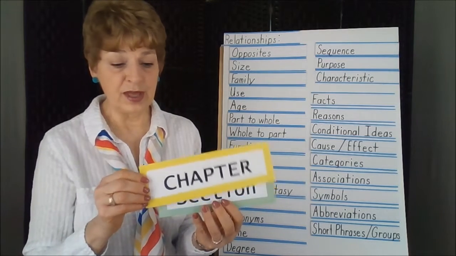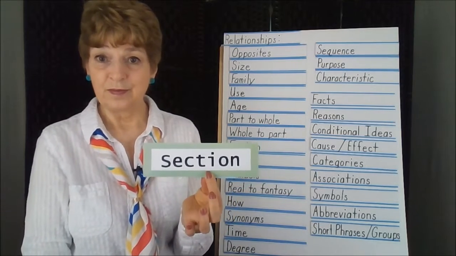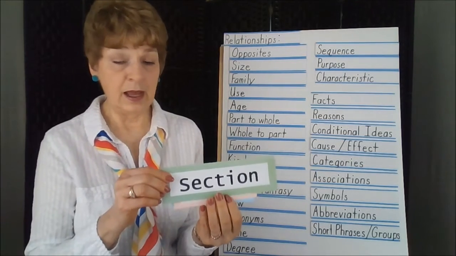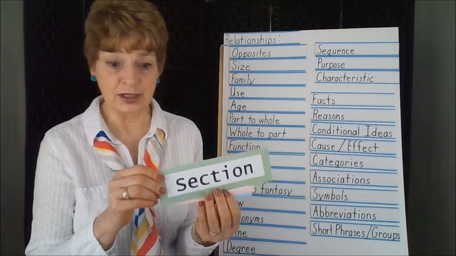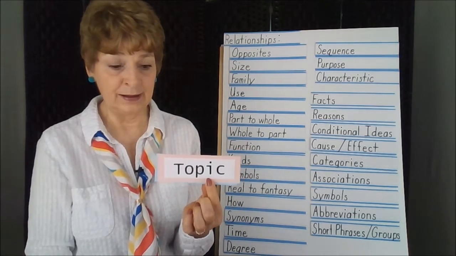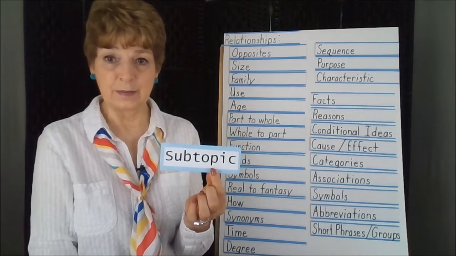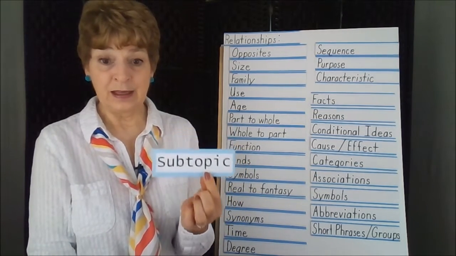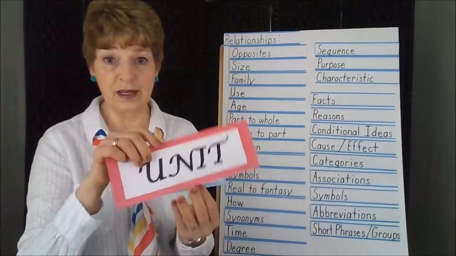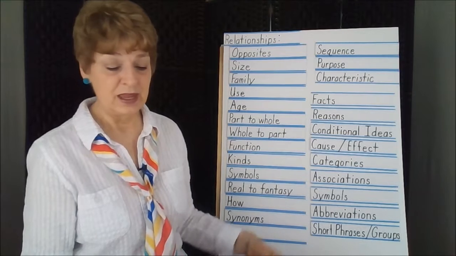The chapters then are sectioned off. And in each section, there are different topics that are explained. And finally, we have subtopics. Within this hierarchy, we find this information.